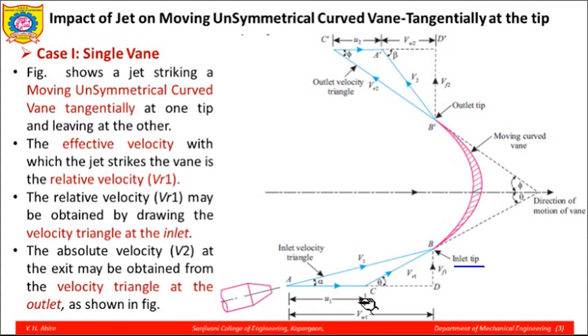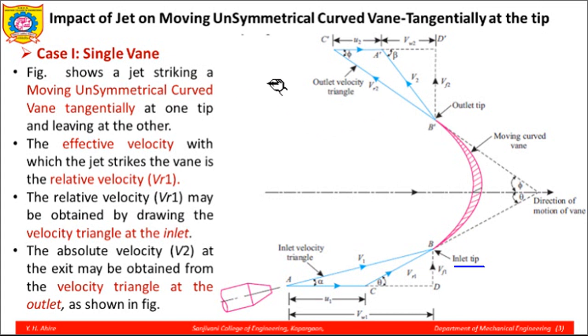So this is the vector for small u. Thus the water jet will enter the vane with the relative velocity Vr1. It will glide over the surface of the vane and the water will eject out tangentially at the outlet tip of the vane with the relative velocity Vr2.